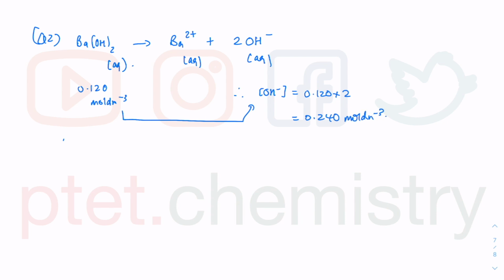So that's your first job. If your OH- is 0.240, then we can work out Kw equal to 1 times 10 to the power minus 14 equal to H+ times OH-. I want to find my H+ concentration, so 1 times 10 to the power minus 14 divided by the OH- concentration, which is 0.240.